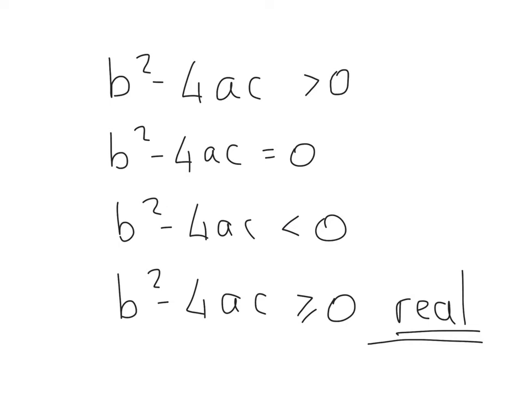You use the discriminant when a question says find the nature of the roots, or prove that the roots are real, irrational, rational, non-real, real and equal. If the question says solve the equation, then you wouldn't use the discriminant. You would either use the quadratic formula or factorise and solve.